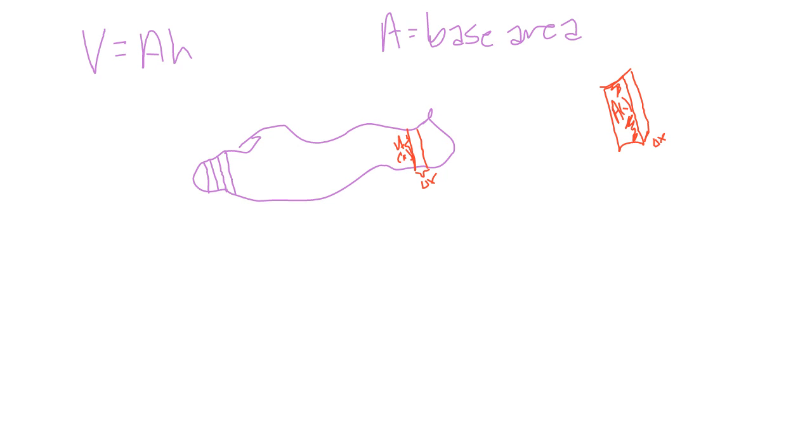Well, once again, similar to how we did area, we can also treat this as a Riemann sum. So we can actually use a Riemann sum to approximate. We can use summations and such to approximate the volume.